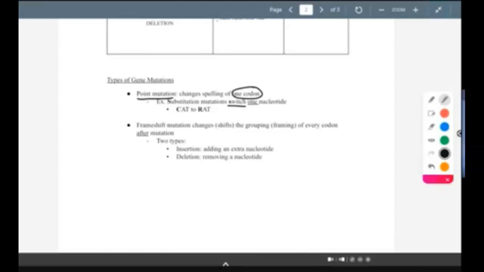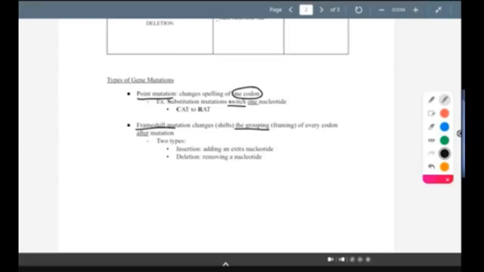A frame shift mutation changes the grouping. The grouping of the codons, I should say, changes. So it's a frame shift mutation. Where that name comes from, you guys remember when we boxed in the codons in the last part? We were framing them, right? We were putting them in a picture frame.